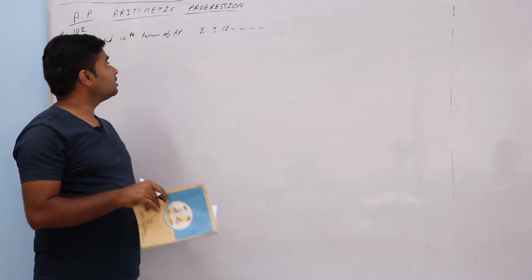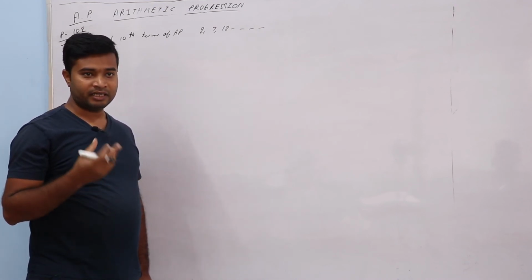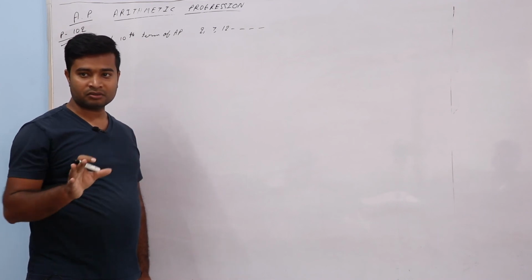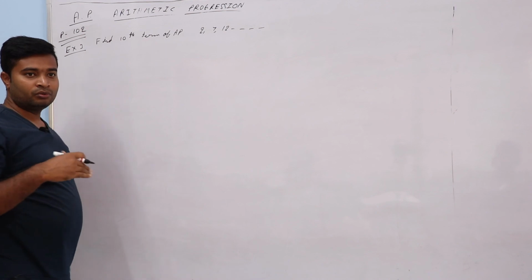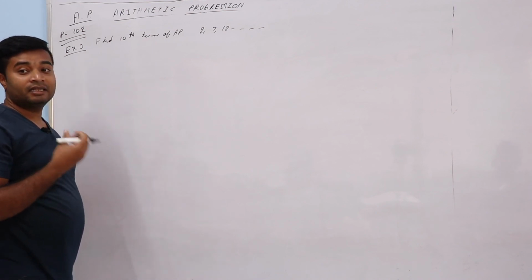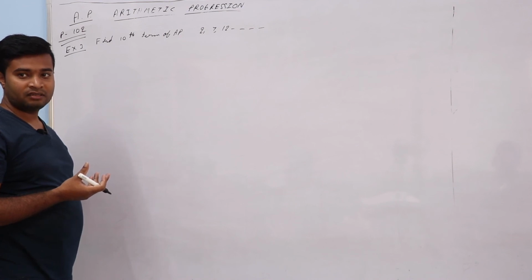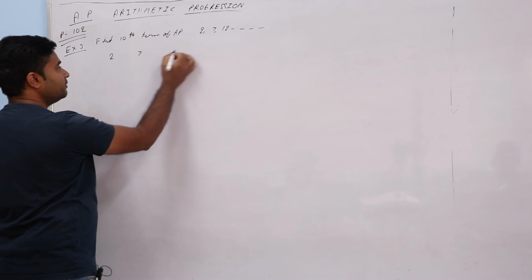Now see, I have not told you how to find the 10th term. Till now I have not even told you the formula. Till now, if you try to find the 10th term, how will you find it? The AP is given, 2, 7, 12.